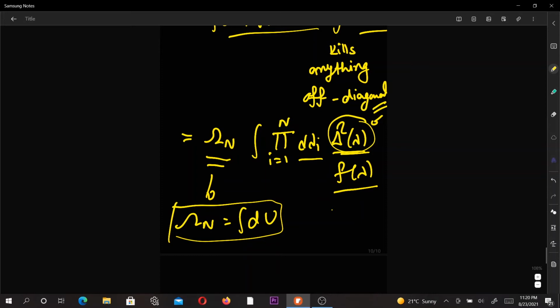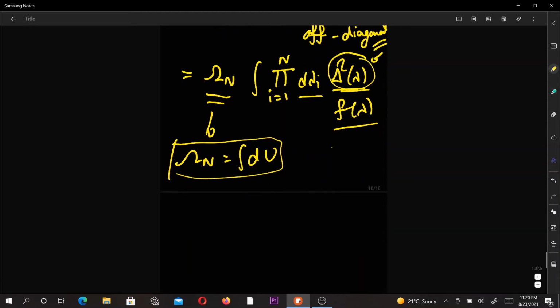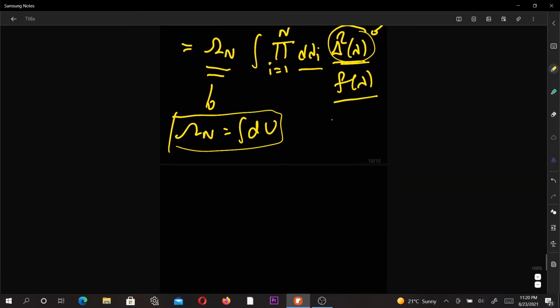It's a Jacobian because of the change of variables. You change from matrix variables to eigenvalues. We call this the Vandermonde determinant.